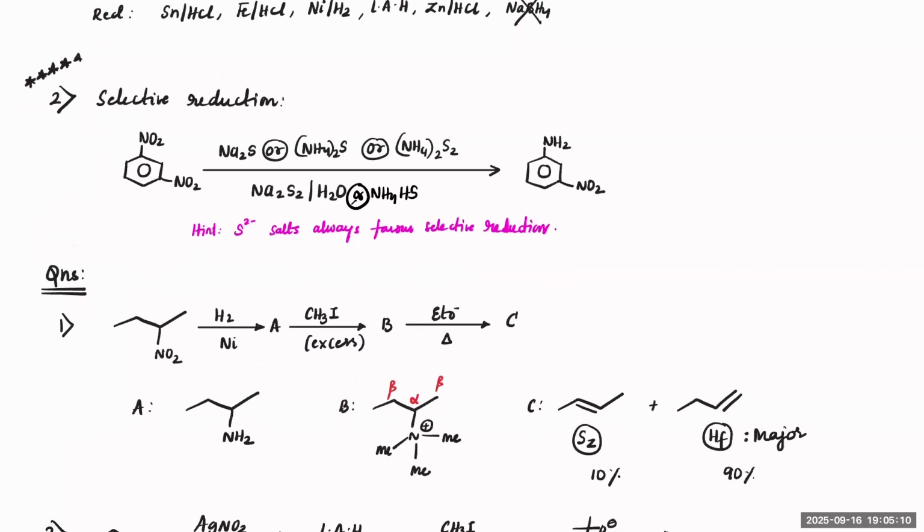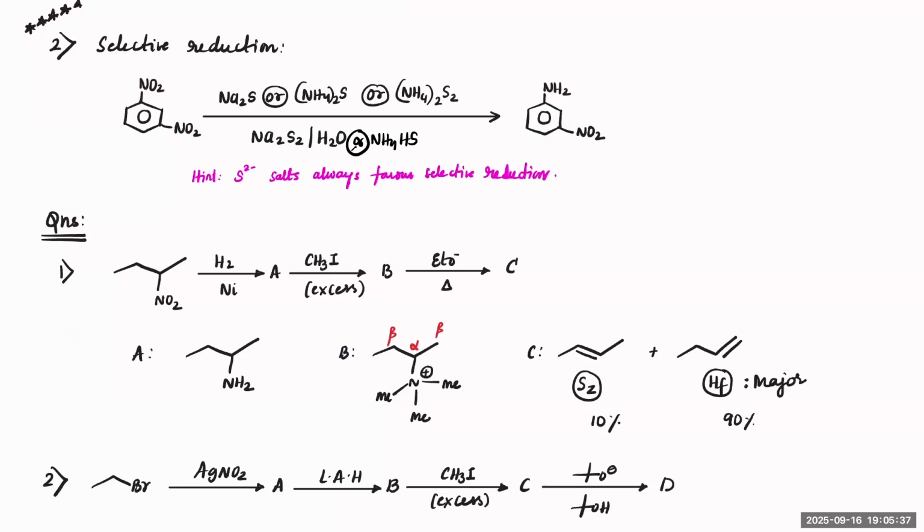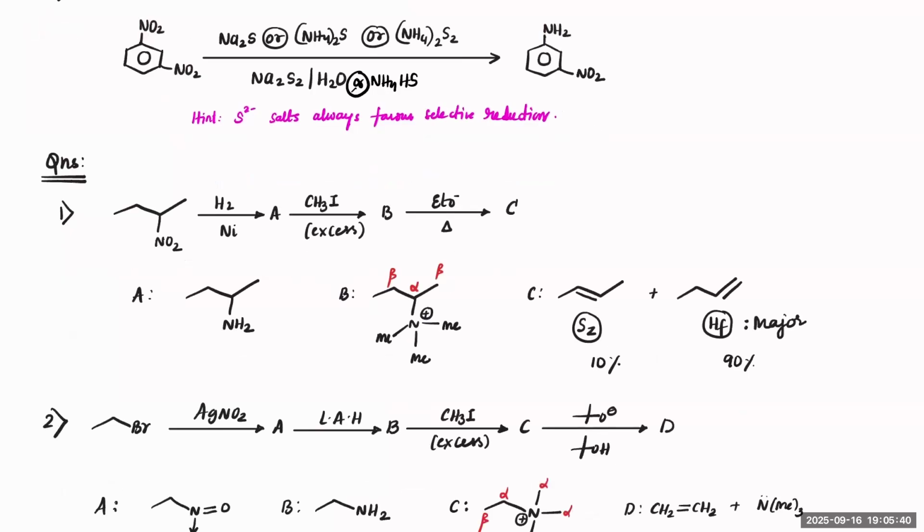Now, this one becomes a very important reaction as well, known as selective reduction, specifically on benzene. On benzene, if you have multiple NO2 groups, one of the NO2 groups will get easily reduced. Between these two NO2 groups, you can see this NO2 group will get easily reduced, so that NO2 group will become NH2 here.